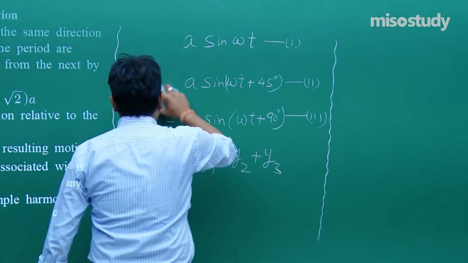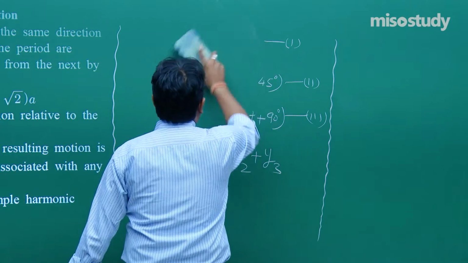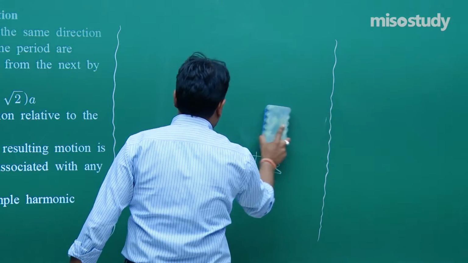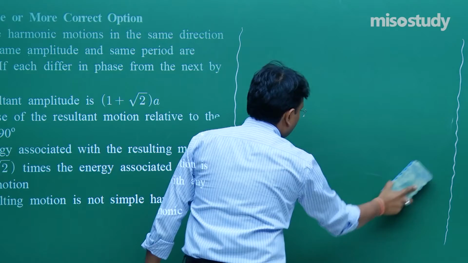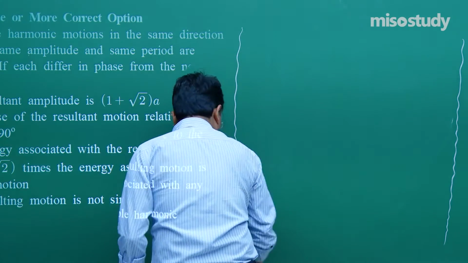Let's use this space because I have to show you again and again these options in the solution. If I move away, it's going to be difficult for you. First step I explained over here.